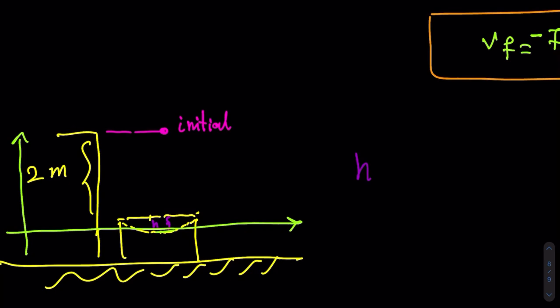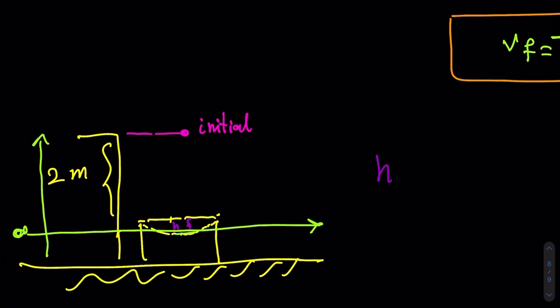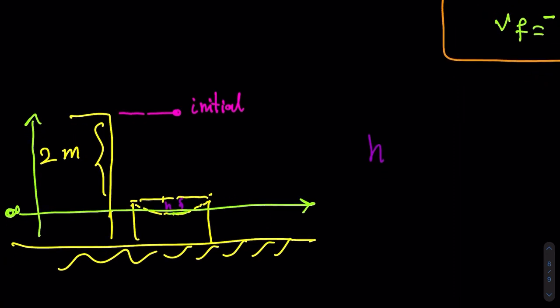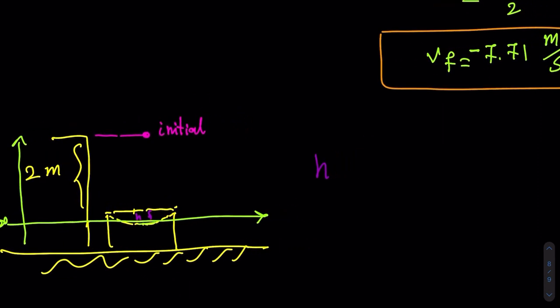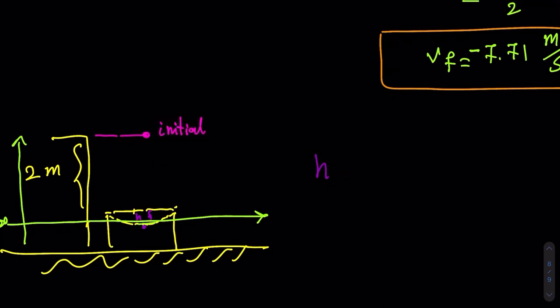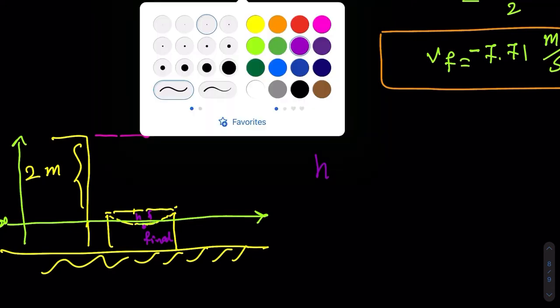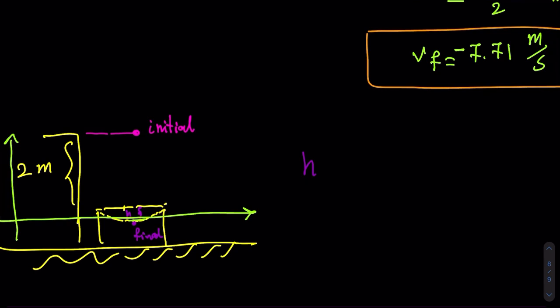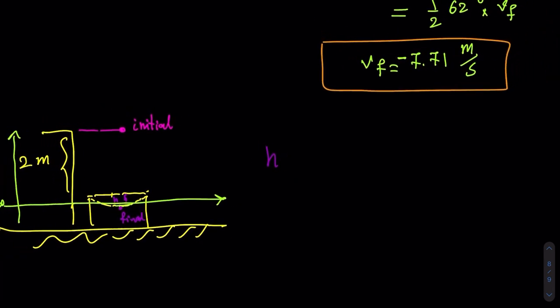So this will be the zero level, or the frame of reference here. Then in this case, here is final, and initial is the same position. Now, let's go ahead and solve this problem. Let's see what we can do here.